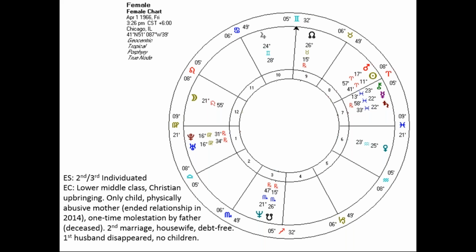So it's pretty good. Fortunately, he has Sun conjunct Uranus, so he's been a big help as far as that freedom, and even discovering that freedom was an essential need for me.